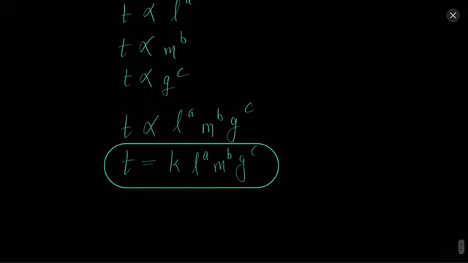So now what is the dimension of all these quantities? The dimension of time is capital T obviously, for length it is capital L, for mass it is capital M, and g is just the acceleration due to gravity, or you can say acceleration. So we know acceleration has the dimensions L upon T square.